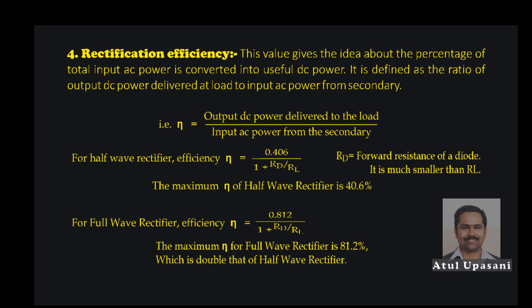Here again RD is the forward resistance of the diode and it should be smaller than the load resistance. The maximum rectification efficiency for a full wave rectifier is 81.2%, which is double that of the half wave rectifier. So from the efficiency formula and values, we can say that the full wave rectifier is more efficient than the half wave rectifier.